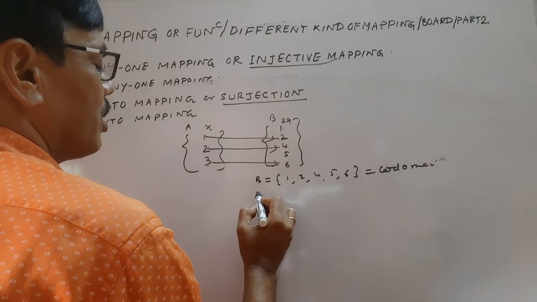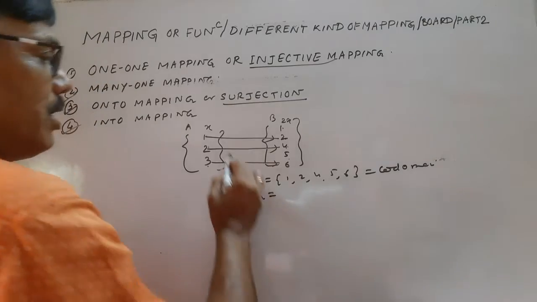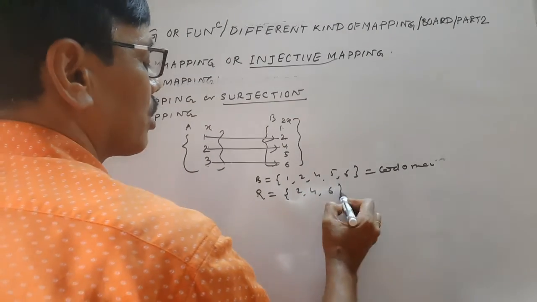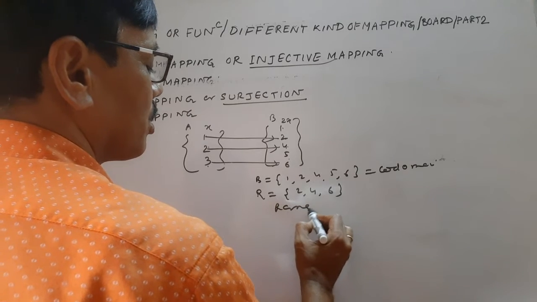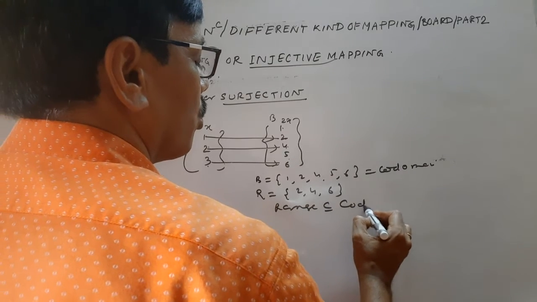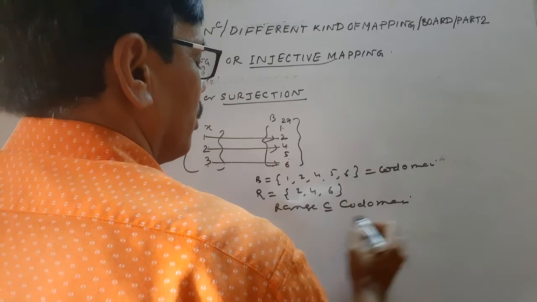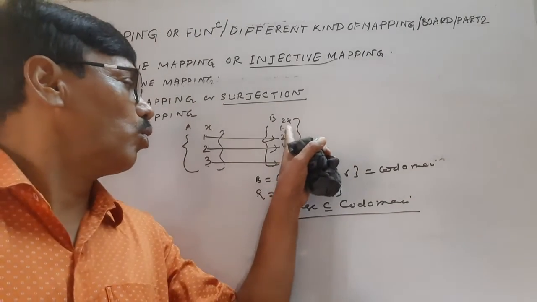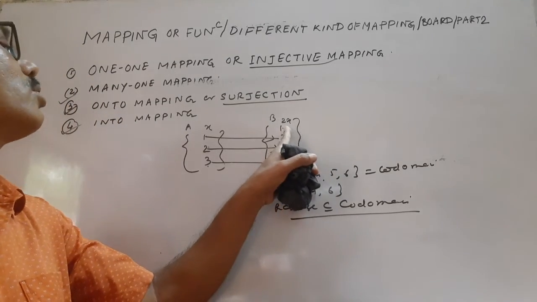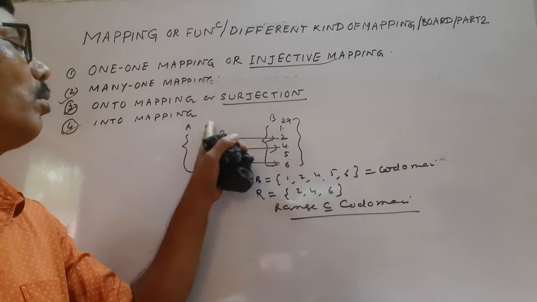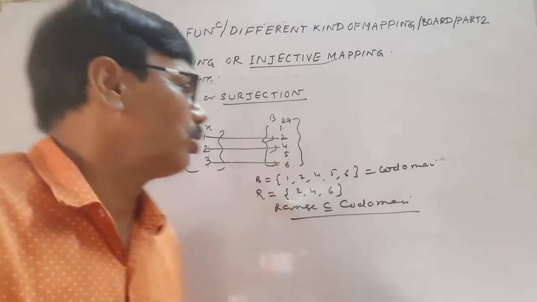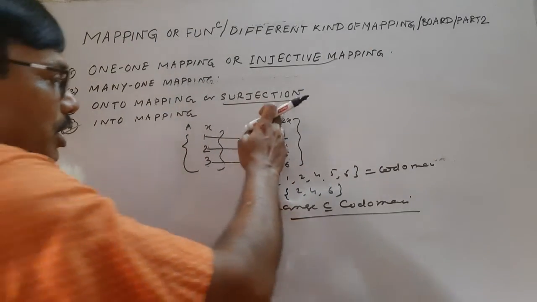And image set R, that is range, 2, 4, 6. So range is a subset of codomain. This is into. That is, look, 1 is not image of any element of A. 5 is not image. So it is into.